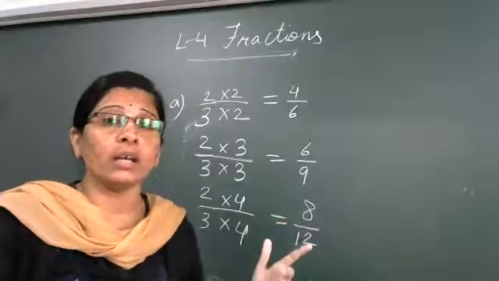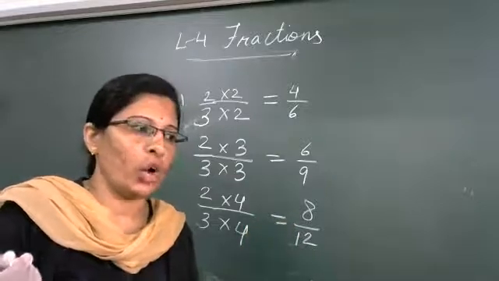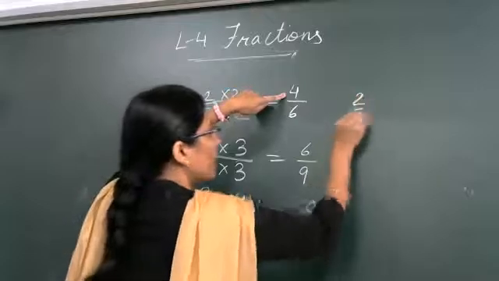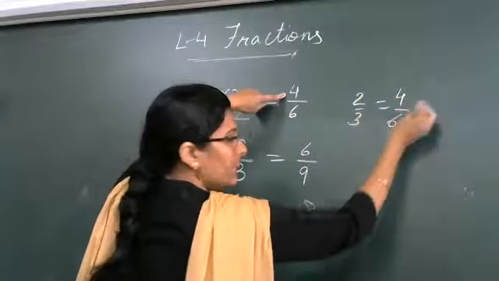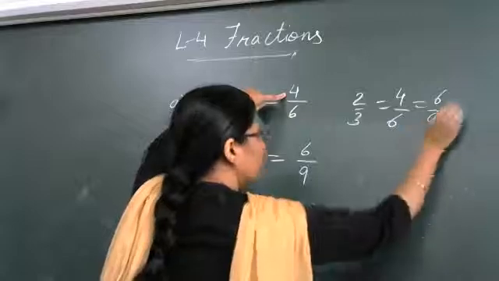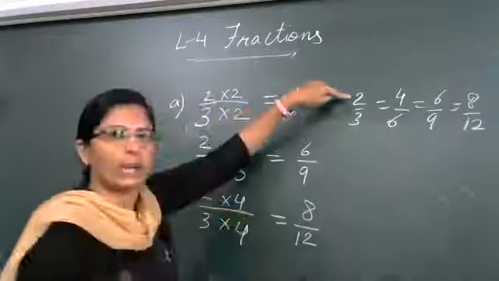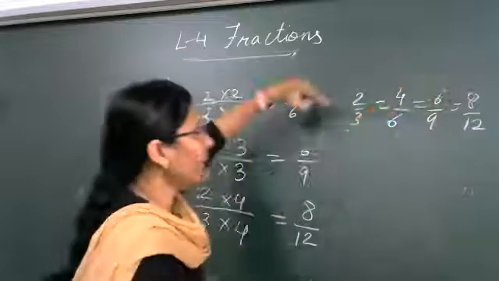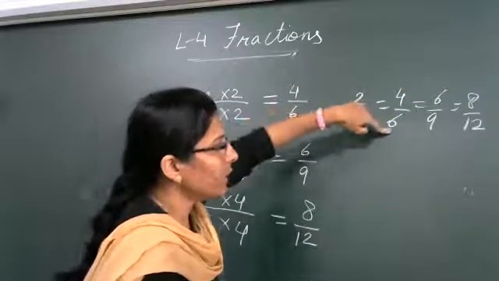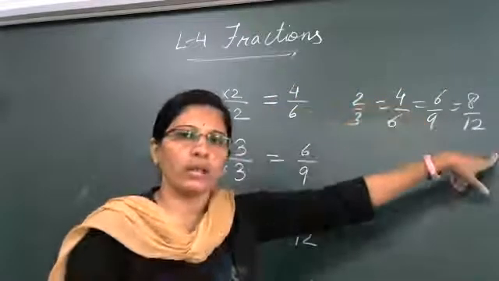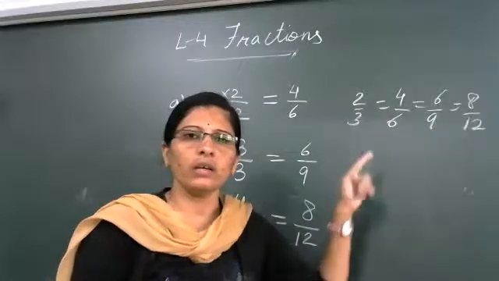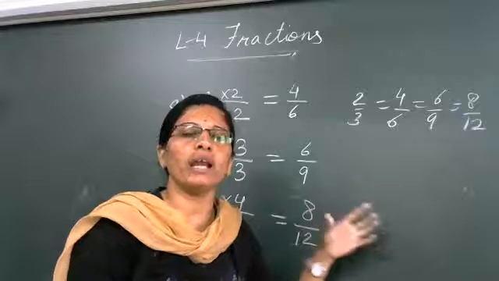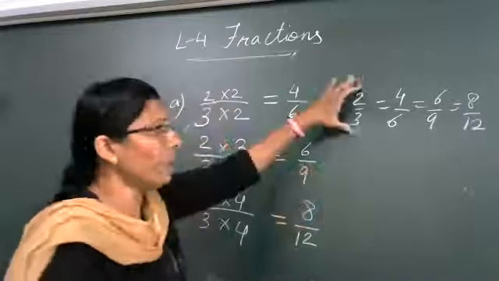Or a shortcut method is there. See here, 2 by 3 is equal to 4 by 6 is equal to 6 by 9. You can see the 2 table: 2 2s are 4, 2 3s are 6, 2 4s are 8. 3 table: 3 2s are 6, 3 3s are 9, 3 4s are 12. We are writing the table only here. So like this we can find the equivalent fractions of smaller numbers.